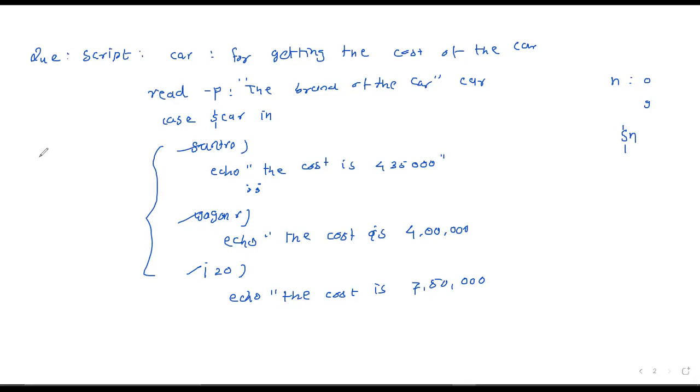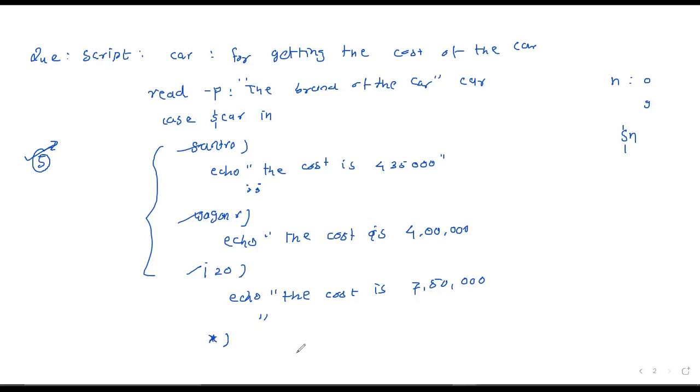So suppose we have 5 brands, and for these 5 brands only you have the cost. Suppose we enter any brand other than these, then in that case there will be a default action, which is given by star.